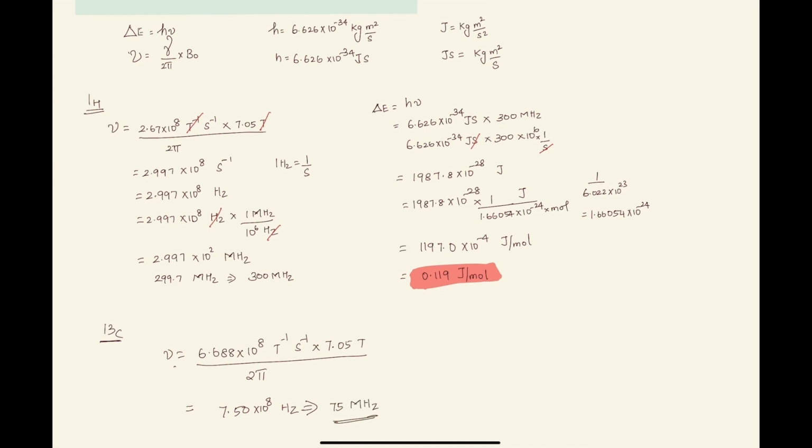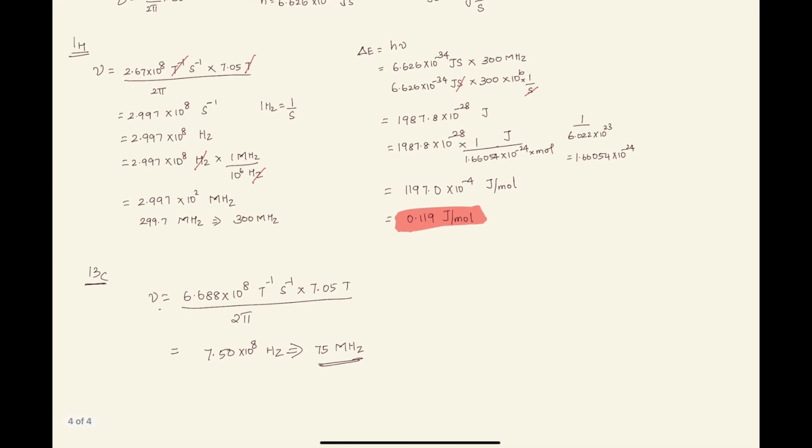Now that you have calculated the frequency, you can also calculate the delta E for the carbon nucleus. So delta E equals, again, we'll be making use of Planck's constant, 6.626 times 10 to the power of minus 34 joule second times 75 megahertz.